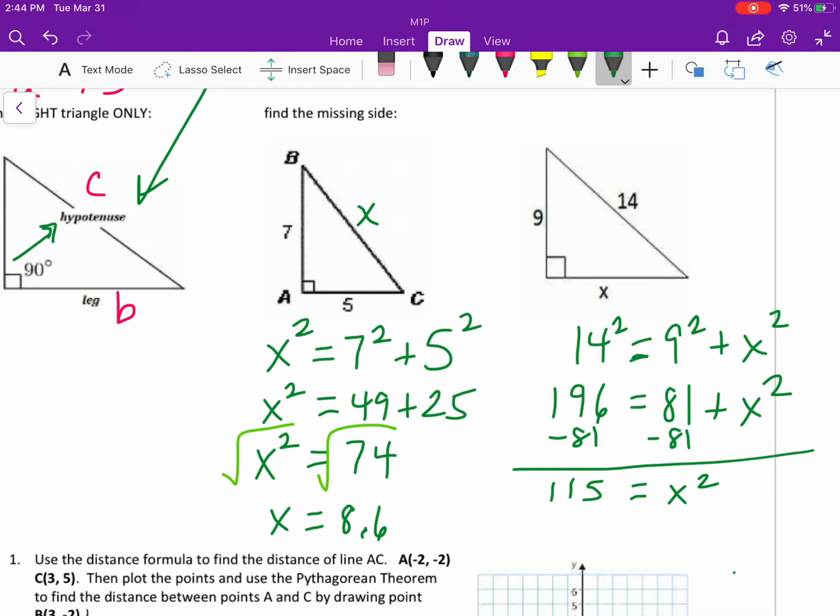Yep, 115. Now go ahead and root both sides, and x ends up being, second, x squared is where it is on your calculator. It's in Desmos. 10.72.